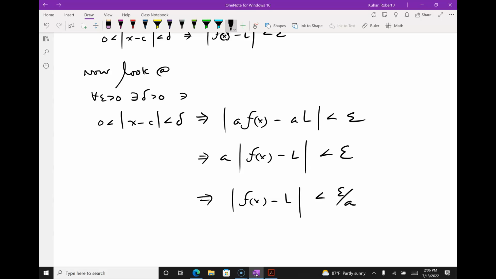Do you care about me switching these two? No, because of the absolute value. And if A is 0, what happens here? This is gone. This is gone. Is epsilon bigger than 0? Automatically. So what delta is working? The same delta that worked for f of x works for a times f of x.